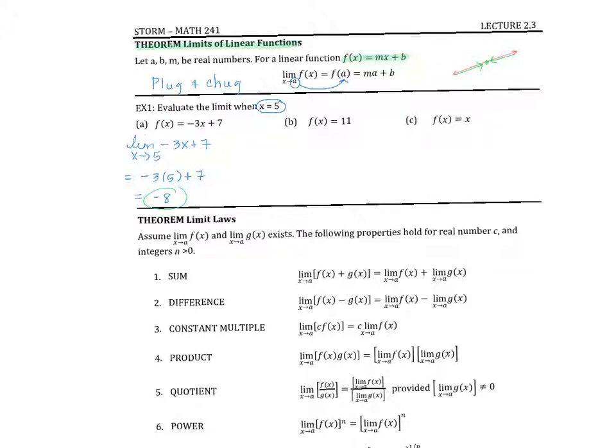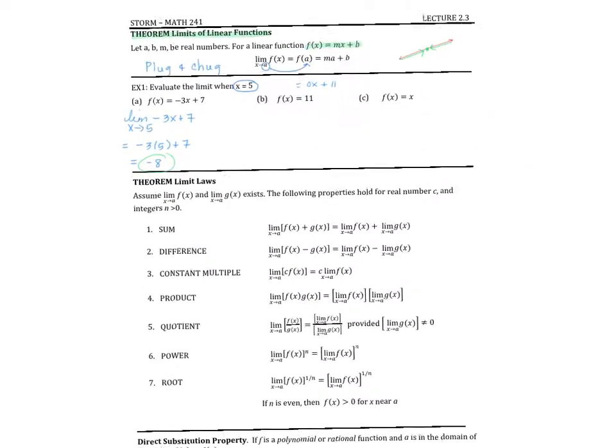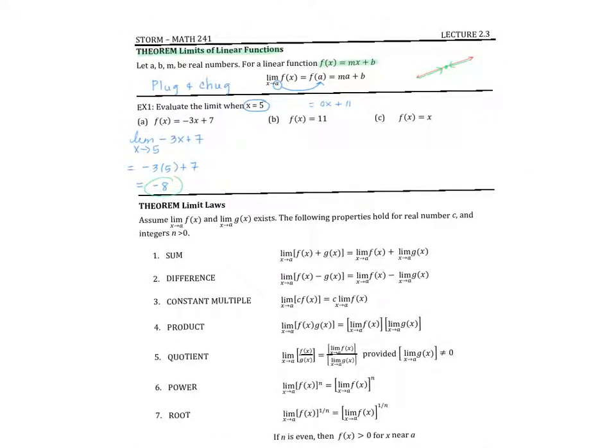Now the next example, B, is a linear function as well, because remember, this is equal to 0 times x plus 11. So if I was going to evaluate the limit, all I have to do is the plug and chug.